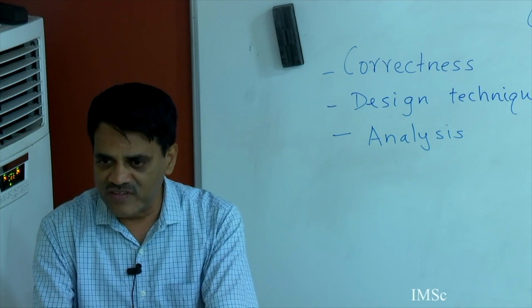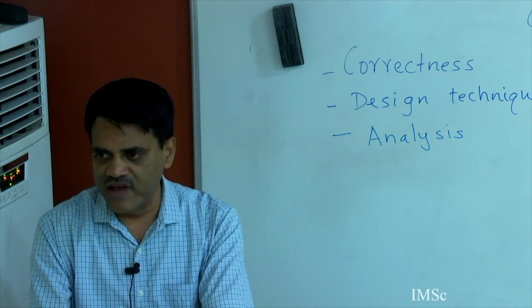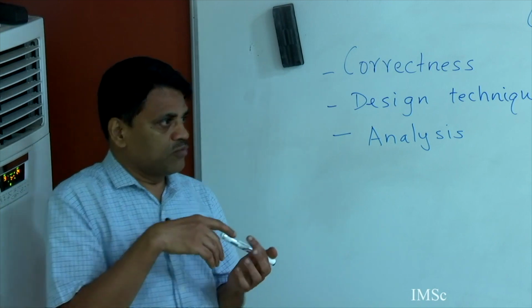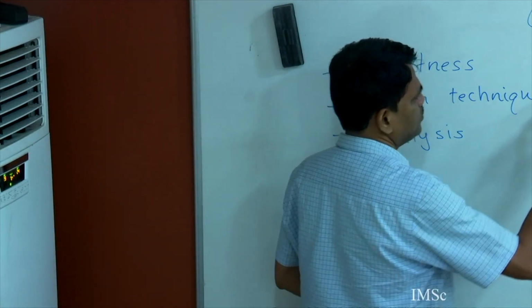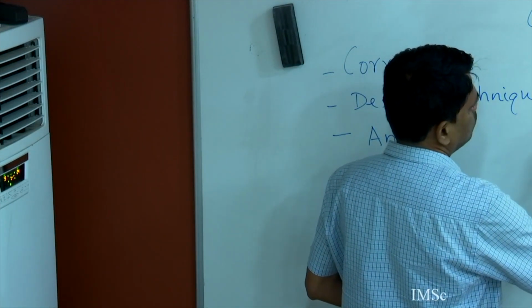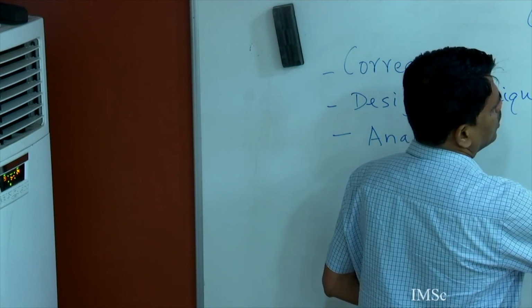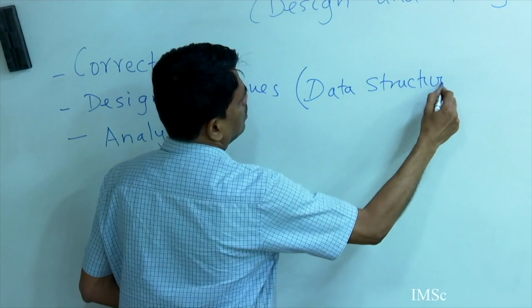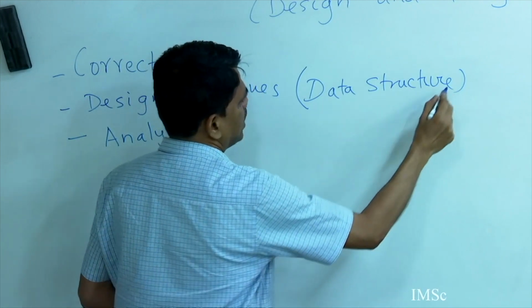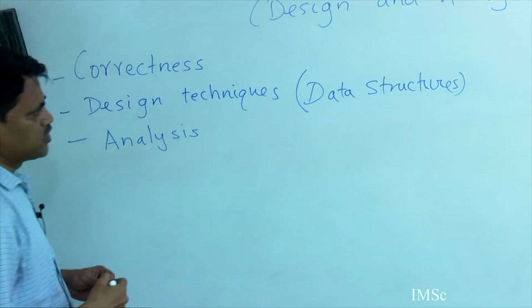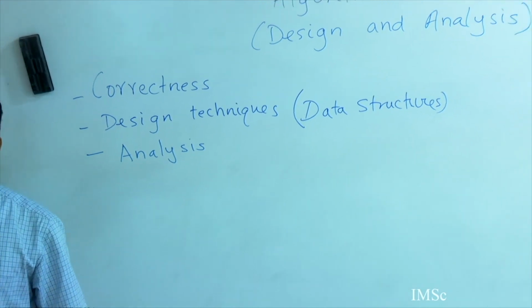Okay, many of these things we will fix as we move along, and one of the things we will do is also look at efficient ways of organizing your data to design your efficient algorithm. So data structures is another part of the course.